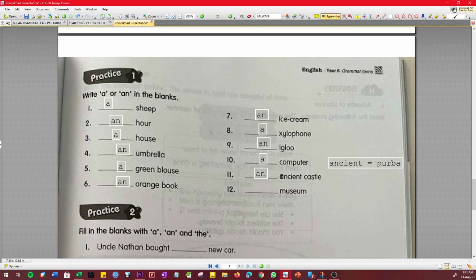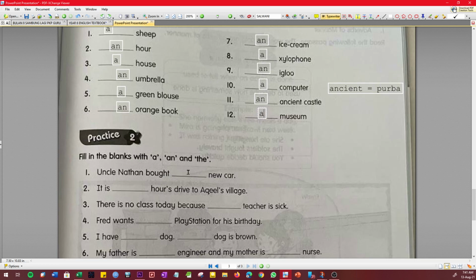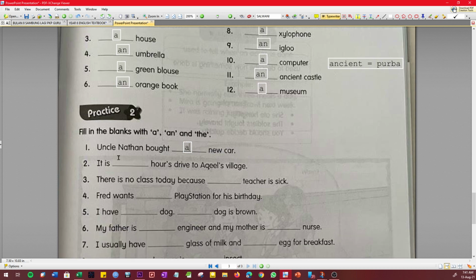Okay. Kita tengok walaupun adjektif. Museum. So a museum. Uncle Nathan bought, fill in the blank with a and the. Right. So this one will be a or the. Okay.